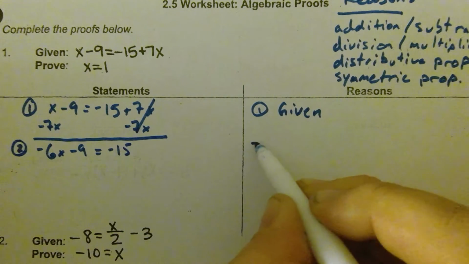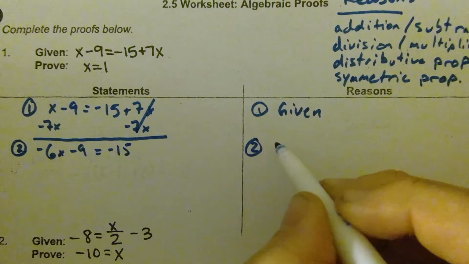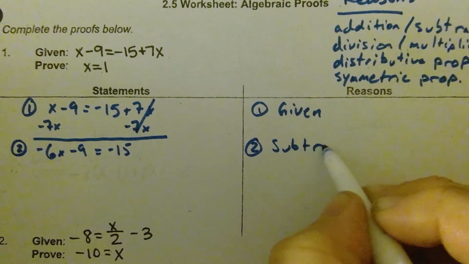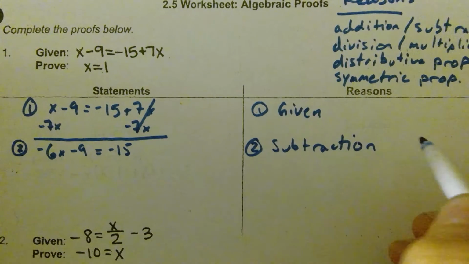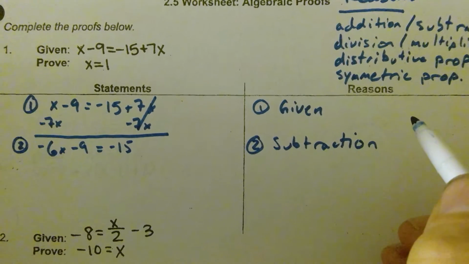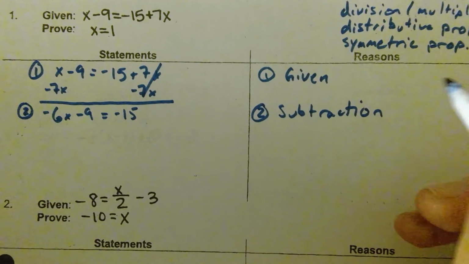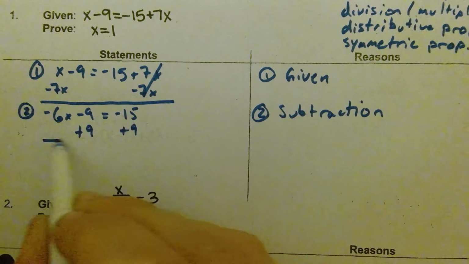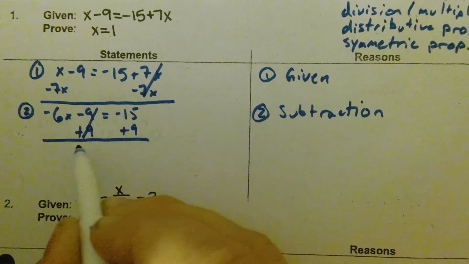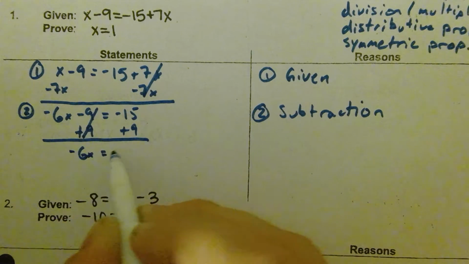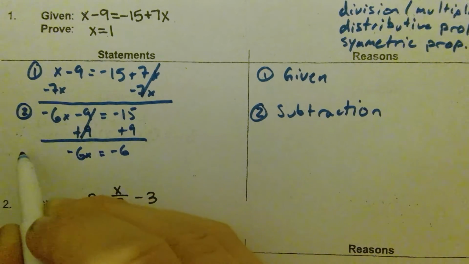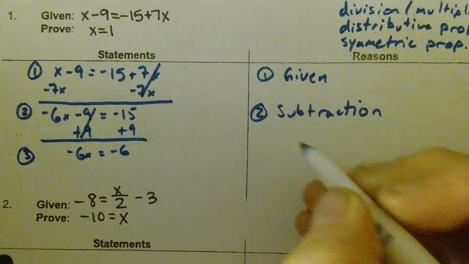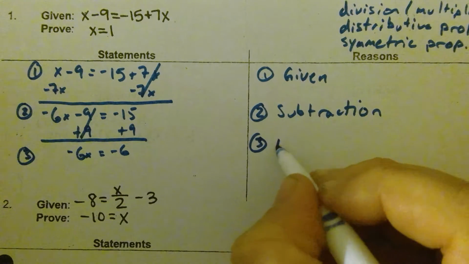What did I do to get to step 2? We did subtraction. Now, I'm still trying to get x by itself, so I'm going to move our minus 9. I'm going to do the opposite operation, so plus 9 on both sides. So I have negative 6x equals negative 6. In order to get to my third step, I did some addition.